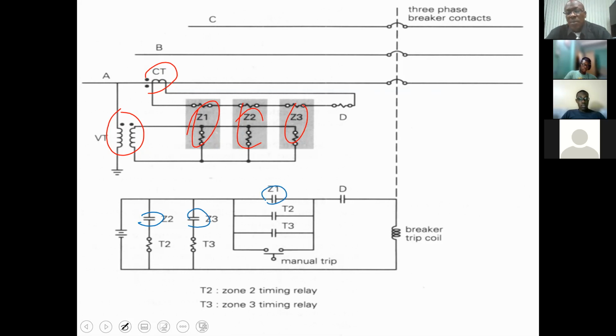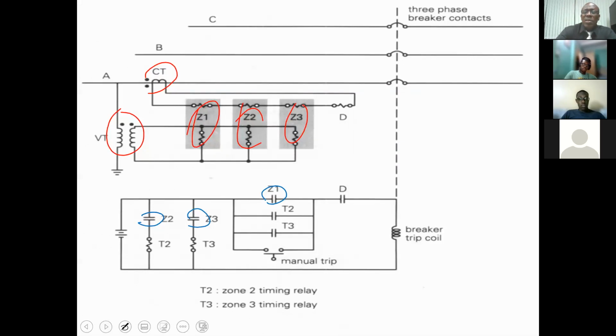All right? Now, in terms of your operation, if the fault is in zone 1, which means it is on the protected line, then the instantaneous contact for Z1 will close.